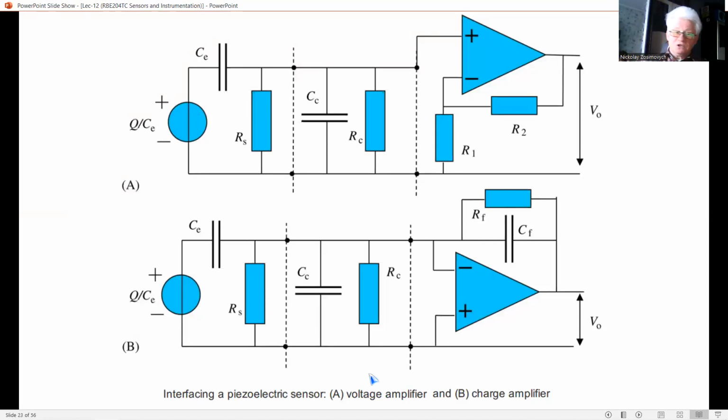Due to the virtual ground of the operational amplifier, the voltage across the sensor and the cable is kept at zero. Neither the cable impedance nor the input impedance of the amplifier influences the transfer and hence can be ignored.